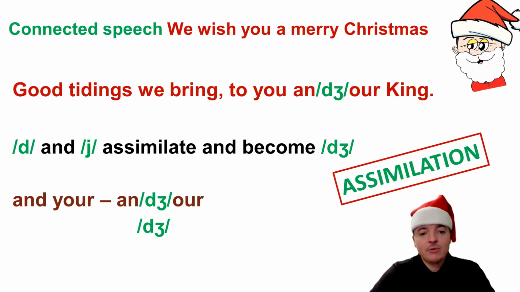Good tidings we bring to you and your king. You and your king. We're going to have a video all about assimilation soon, but this is just a little preview. Good tidings we bring to you and your king.